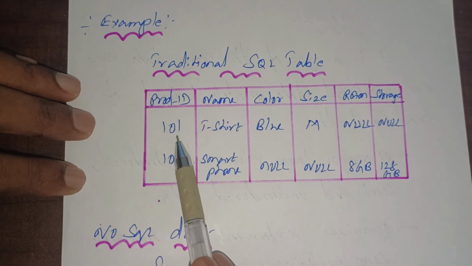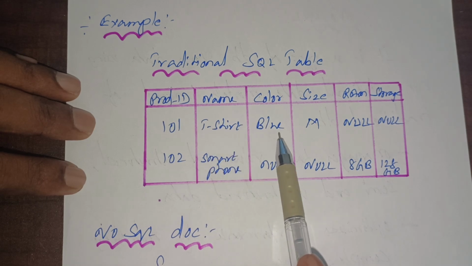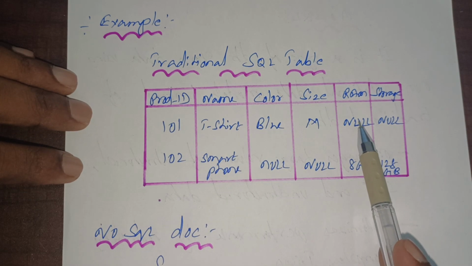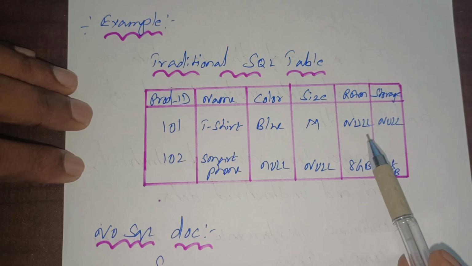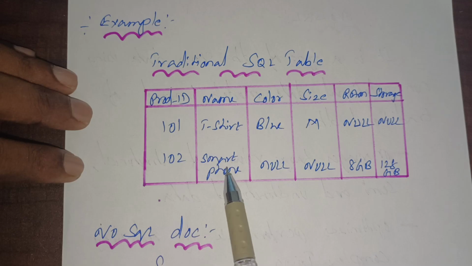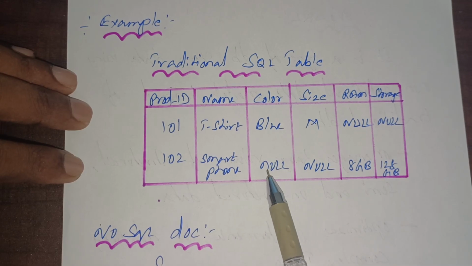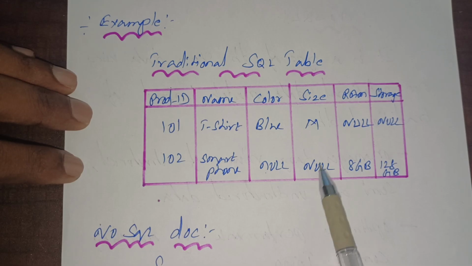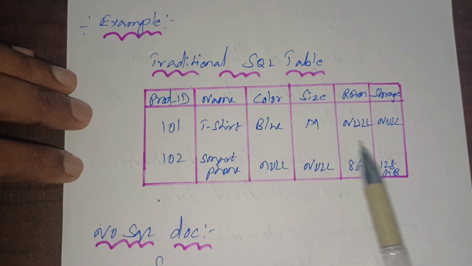Here product ID 101 is a t-shirt. The color is there, the size is there, but it doesn't have attributes called RAM and storage. Whereas in product number 2, the name of the product is smartphone. There is no color, though color is also possible, and size is null, though size is also possible. We have RAM and storage.